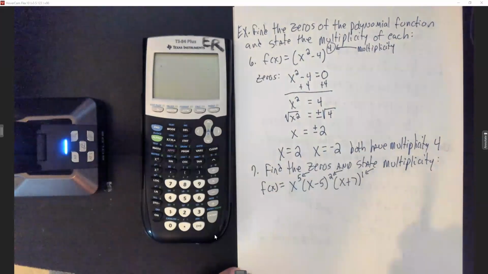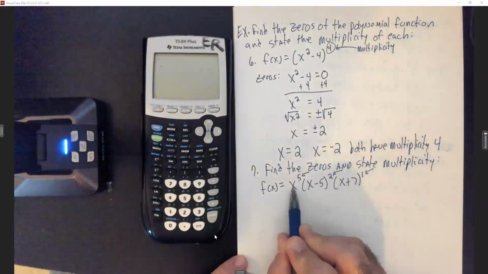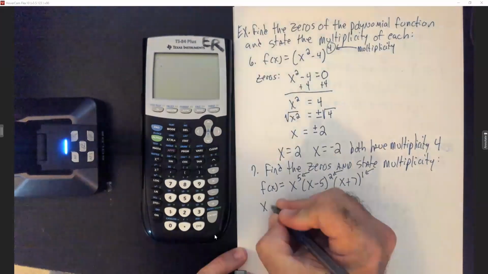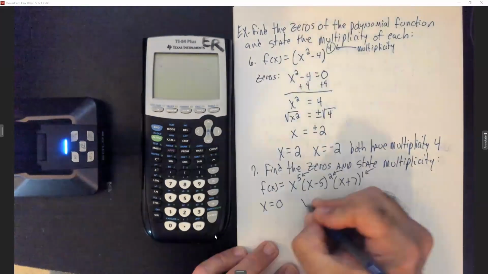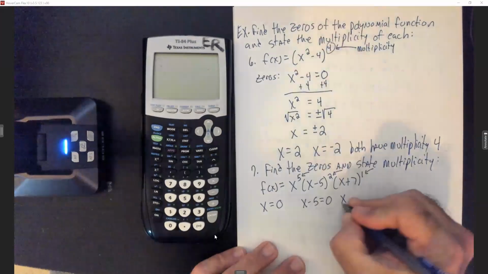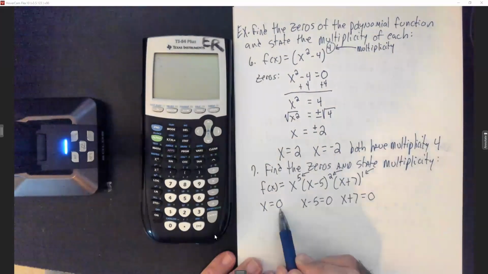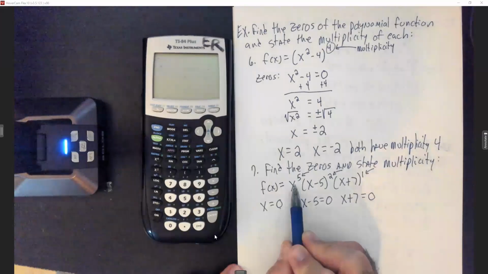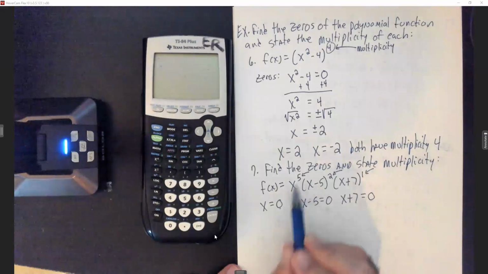But you would still come down and take the variable x and set it equal to 0. Then you would take the x minus 5, set equal to 0. And then the x plus 7, set equal to 0. So guess what? This single variable, you can't do nothing to it. So a single variable like this, I don't care what the exponent is, its 0 will always be 0.